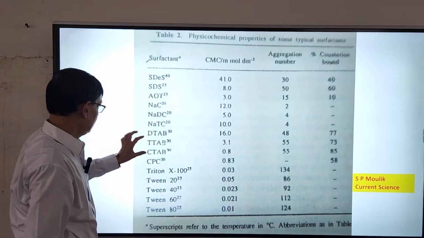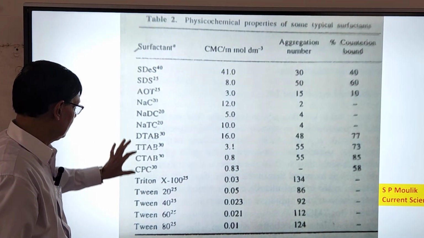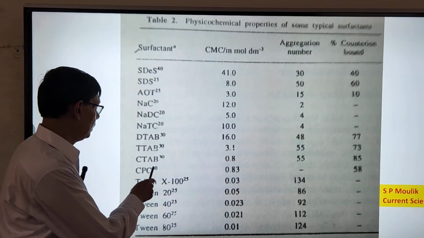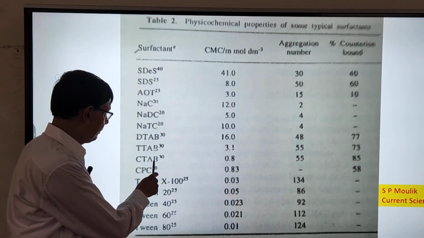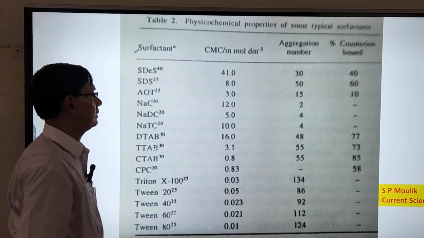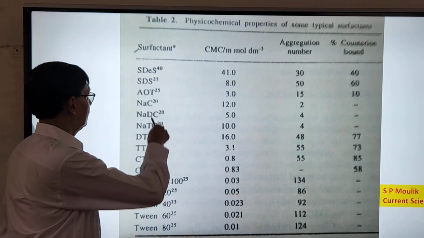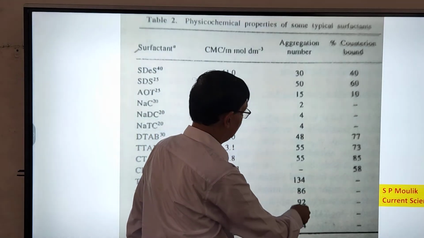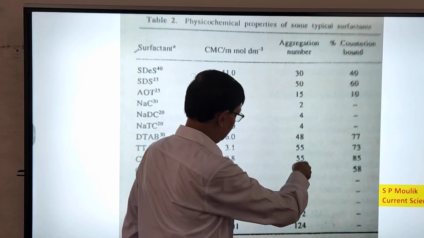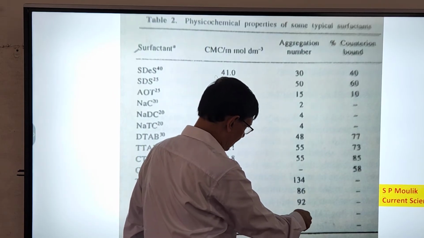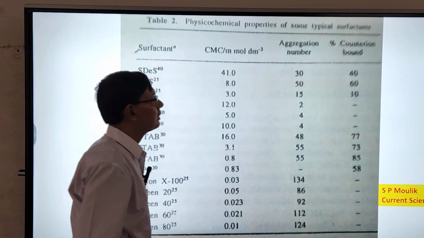So this is some cationic. Here you see, as I told you, CTAB is 0.8, DTAB is 16. The aggregation number is almost 30 to 124.